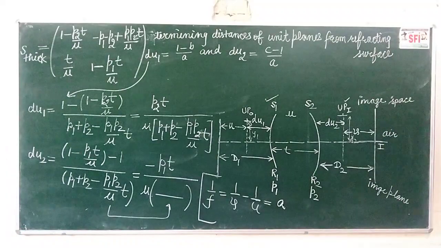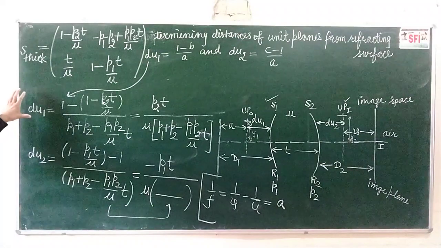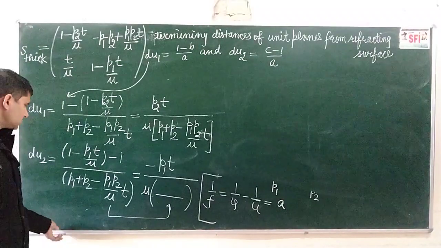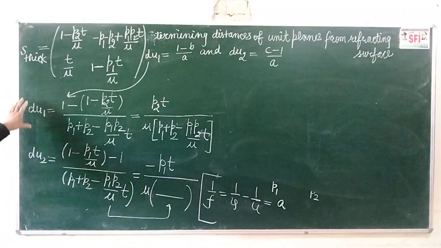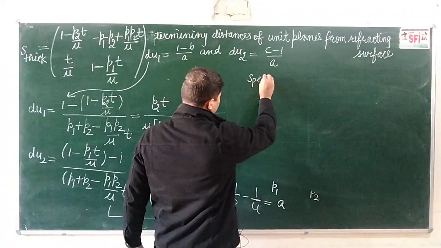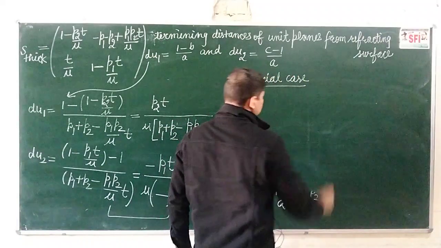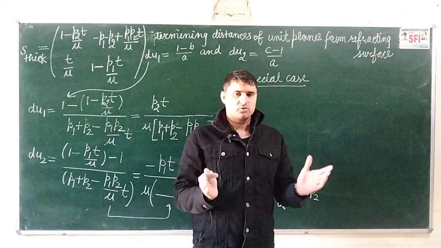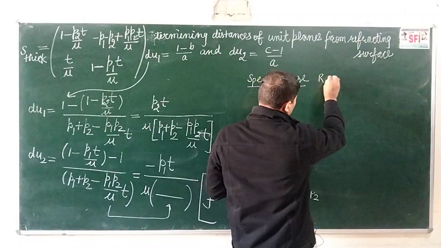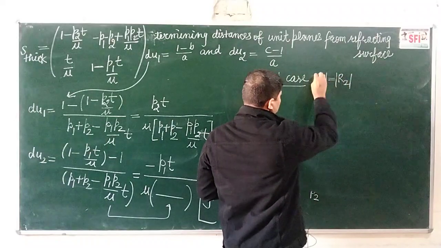Okay class, now we can do a special case. The special case here is if the radius of curvature of both surfaces is the same, that is R1 is equal to R2.